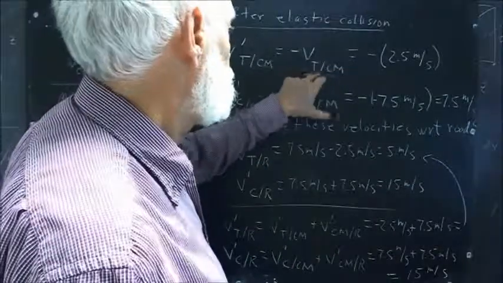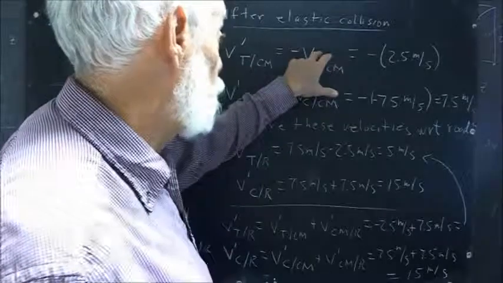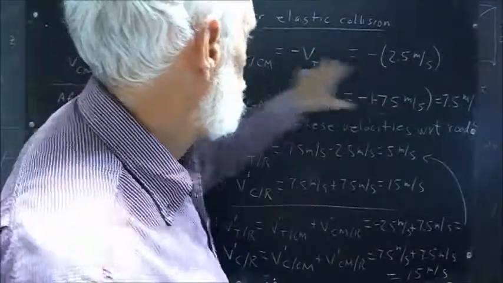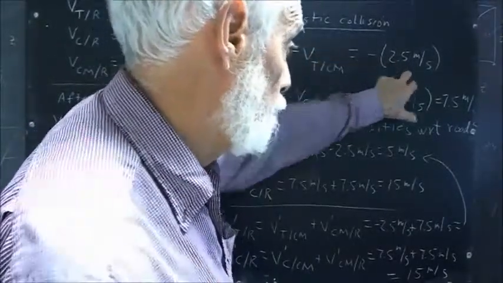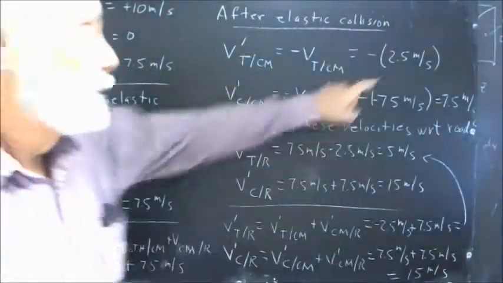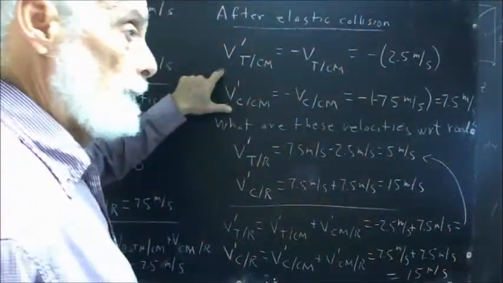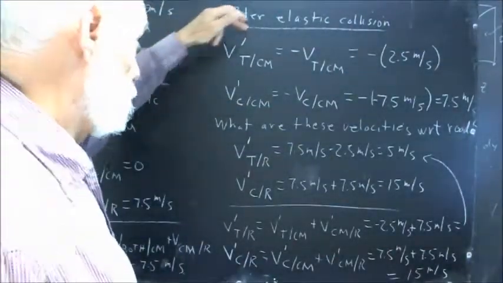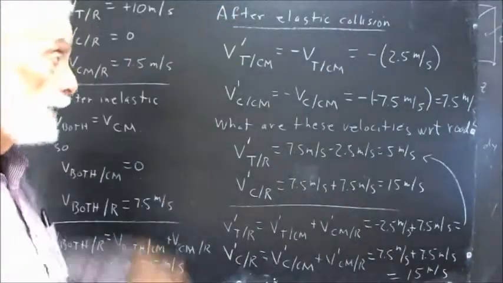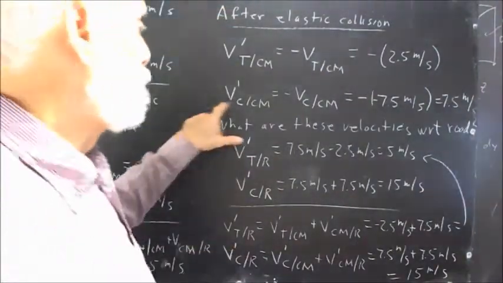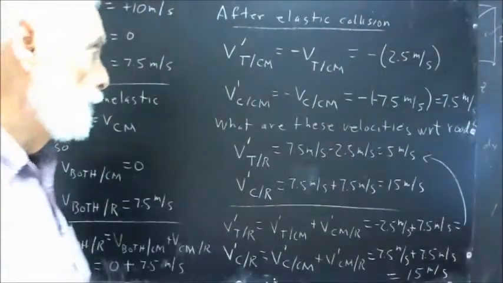And then velocity of truck with respect to the center mass before is 2.5 meters per second. The negative of that is negative 2.5 meters per second, which is the intuitively clear conclusion for the after collision velocity of the truck.